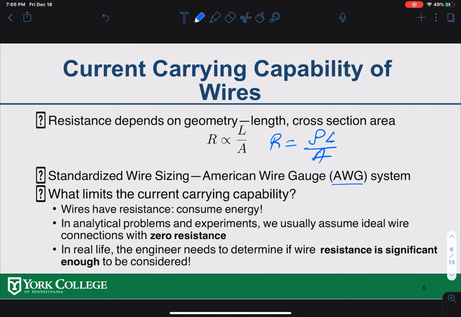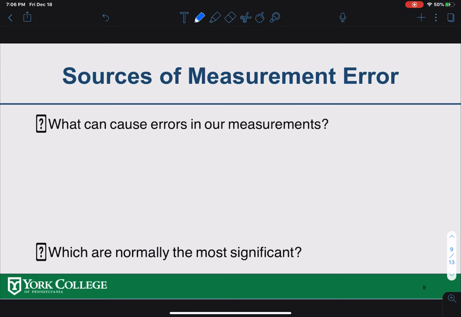So now let's see what can cause errors in your measurement. We talked about that. So error can come from different places, different factors.